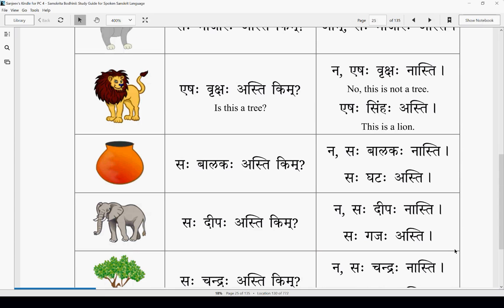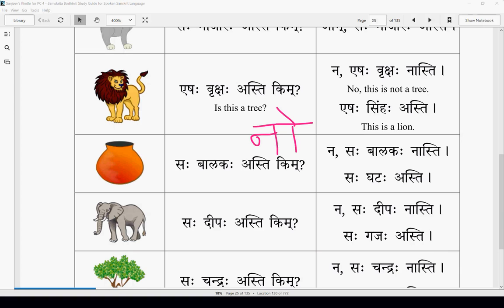So here the answer, when we say no, na, eshaha vrikshaha nasti. No, just no means no, not, no. So again there are many different words that can be used in place of no. Actually there is a word called no also in Sanskritam. No meaning no. You can use no also.